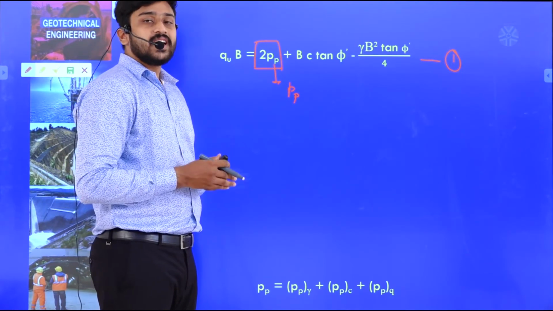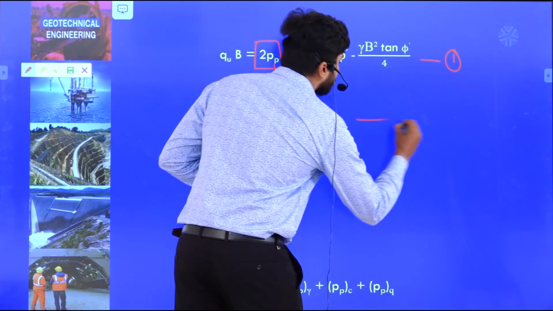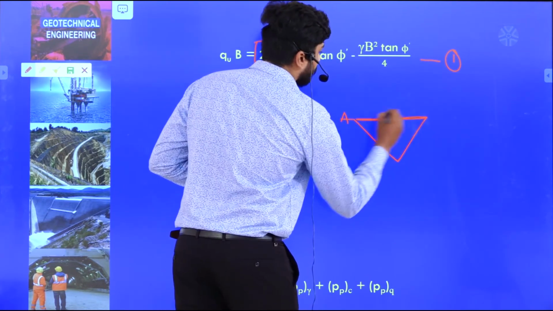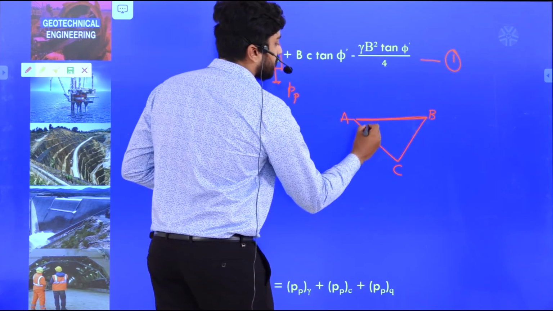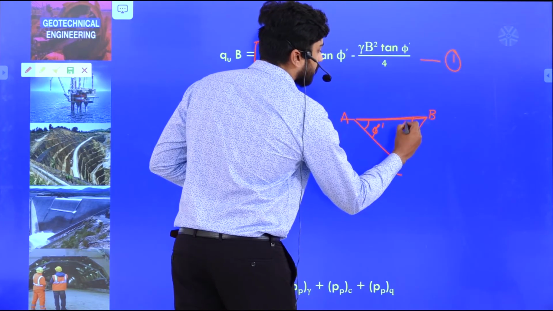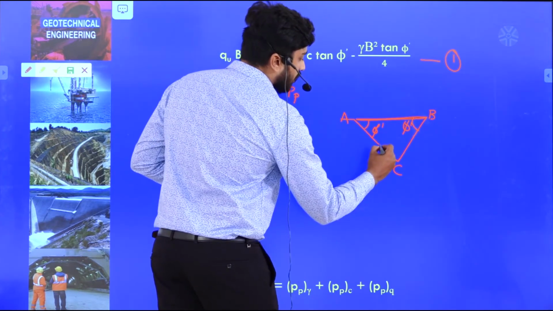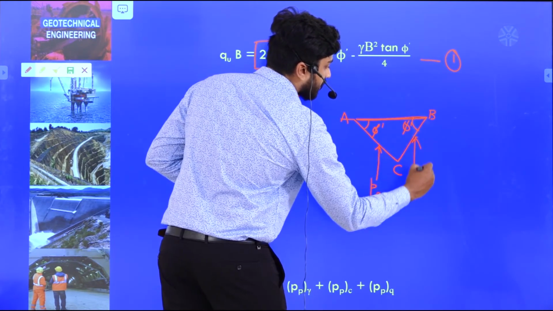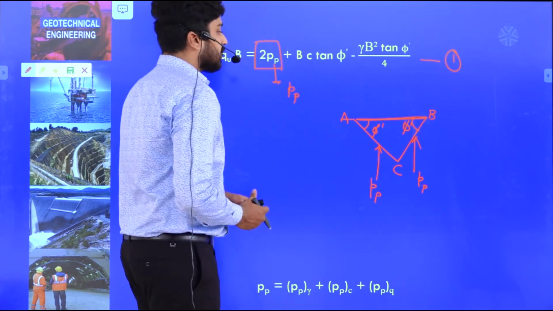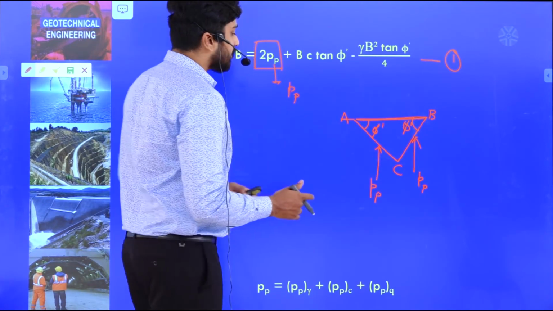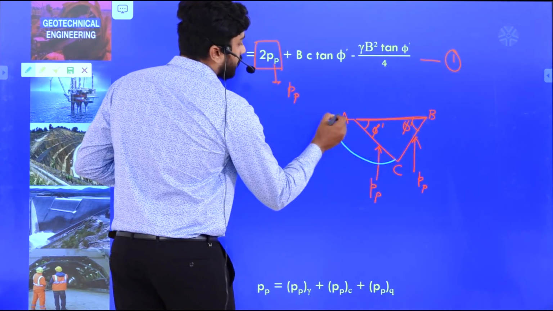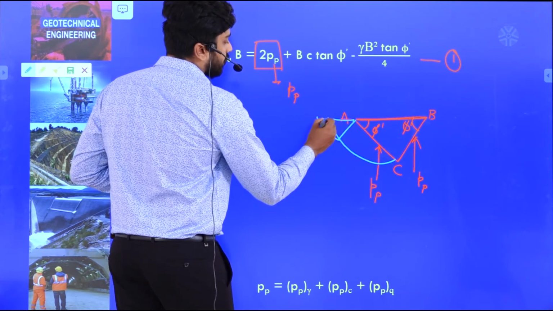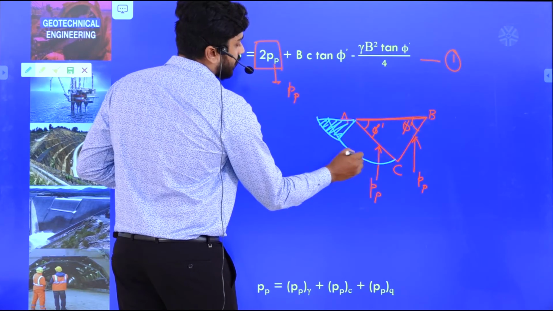That means for this particular wedge that we have considered, that is A, B and C, with phi dash here and phi dash here, Pp is acting on this side, and similarly Pp is acting on the other side. Since there will be other zones in this manner, this is one zone and this is the other zone.